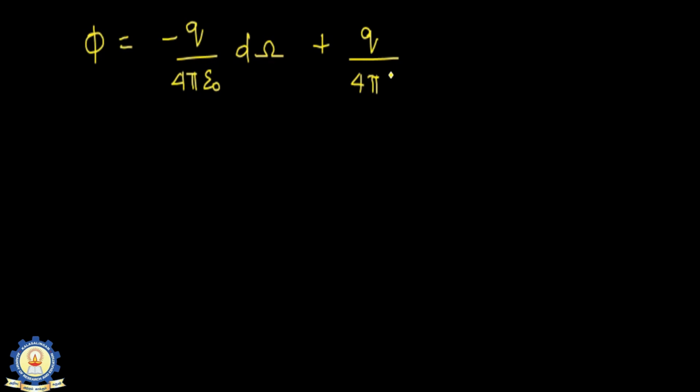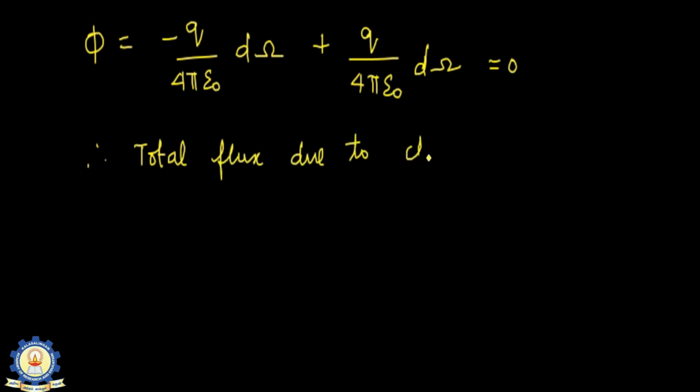Therefore, the total flux due to the charge which is placed outside the closed surface is 0. Thus the total flux due to the charge outside is 0. So this is the proof of the Gauss law.